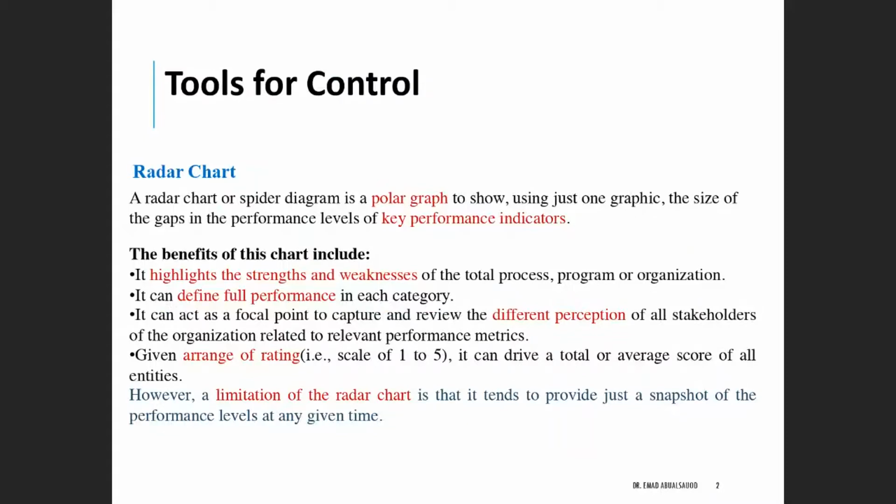In addition to the one we talked about in the previous session, in the improve phase, poka-yoke, or mistake proofing, is one of the approaches that can be implemented for control. You can use that concept in the control phase to make sure that the system is preventing defects from occurring.